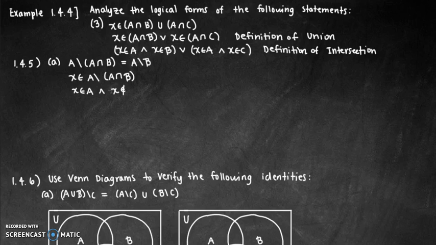X is an element of A and X is not an element of A intersect B. And this is our definition of that. Now we're going to think about what that means for the inside here, so we're going to express that not an element of inside here.